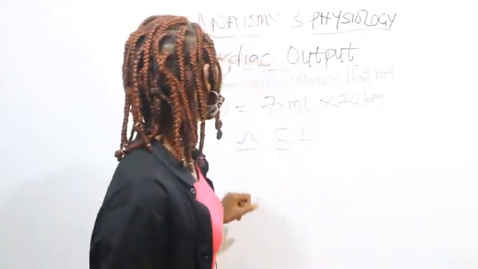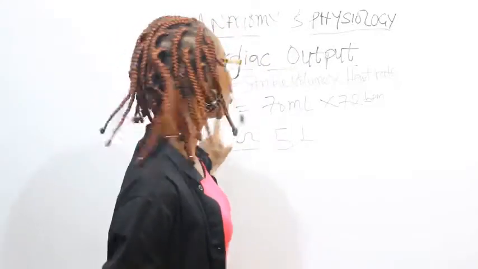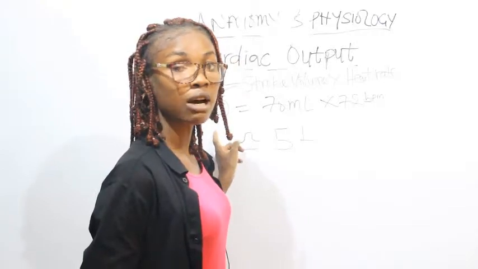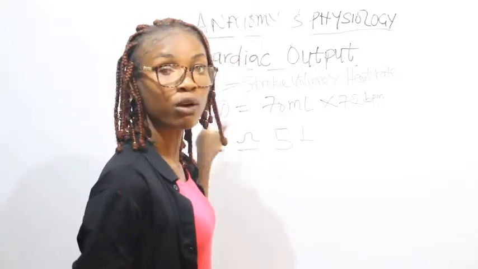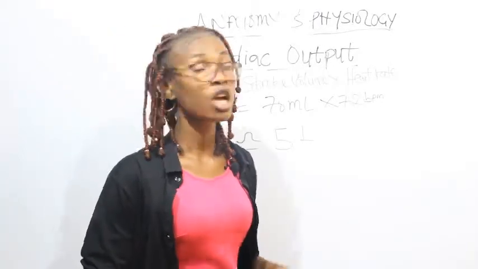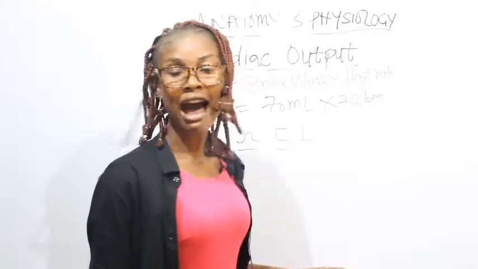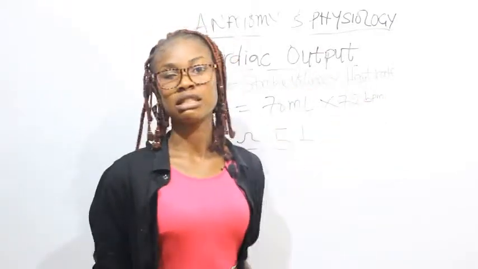Good. So, okay, let me do this. How I converted this: you know, this is in milliliters. I divided it by 1,000 and I have 5. So that's it: cardiac output, stroke volume, and heart rate.